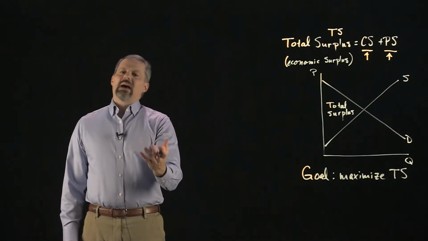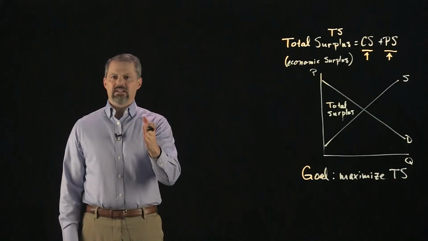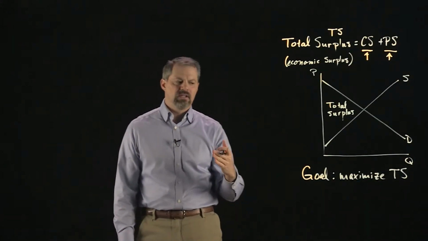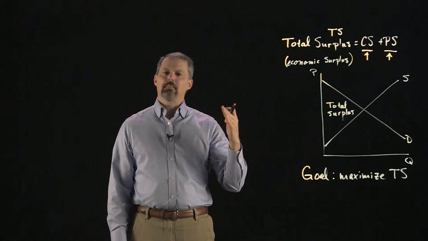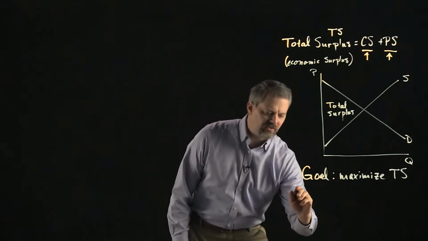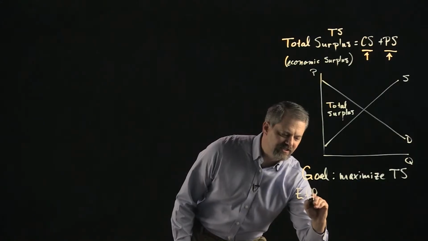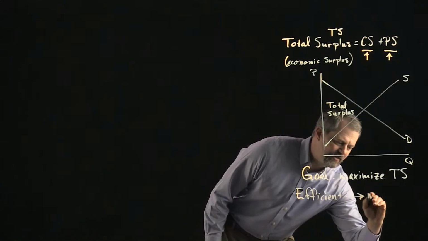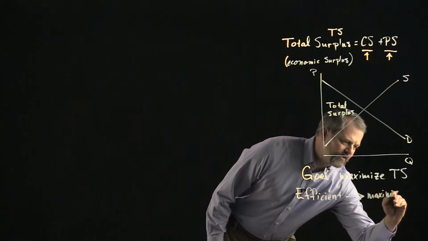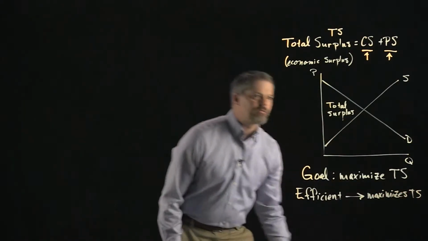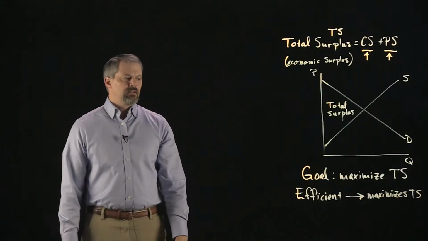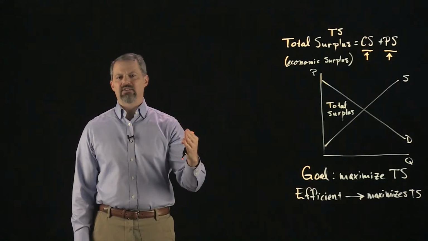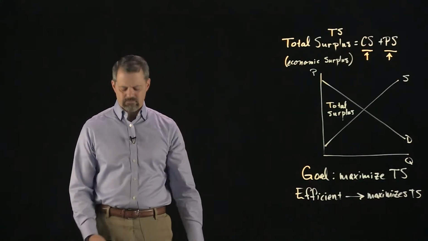We're going to talk about some allocations, different quantities that can be produced in a market, and we will say that any particular allocation is efficient if it maximizes total surplus. Any allocation, any outcome that does not maximize total surplus is not efficient.